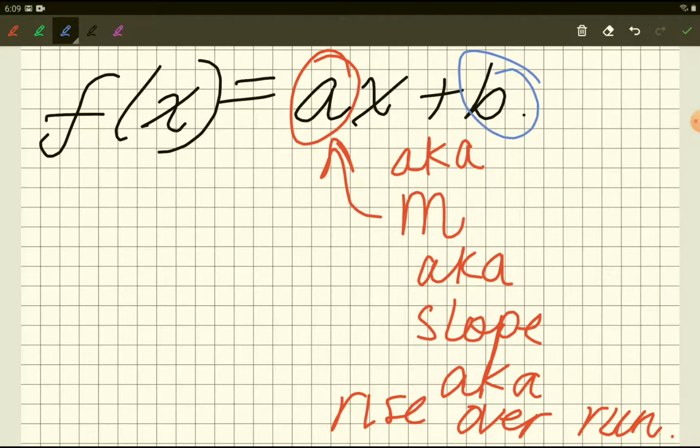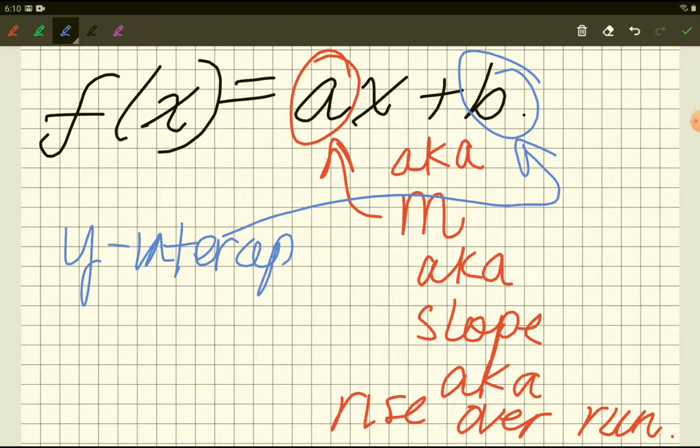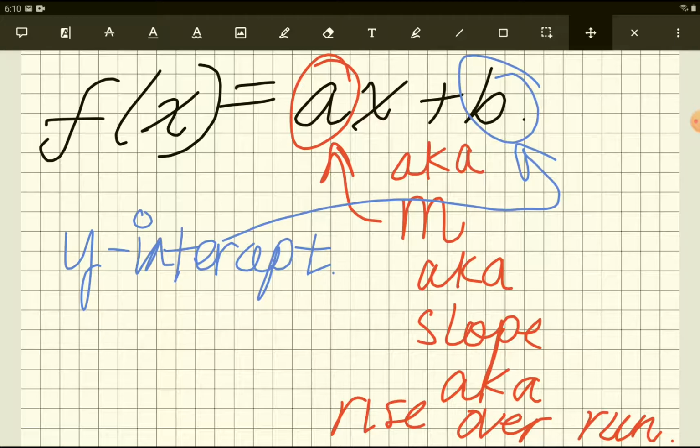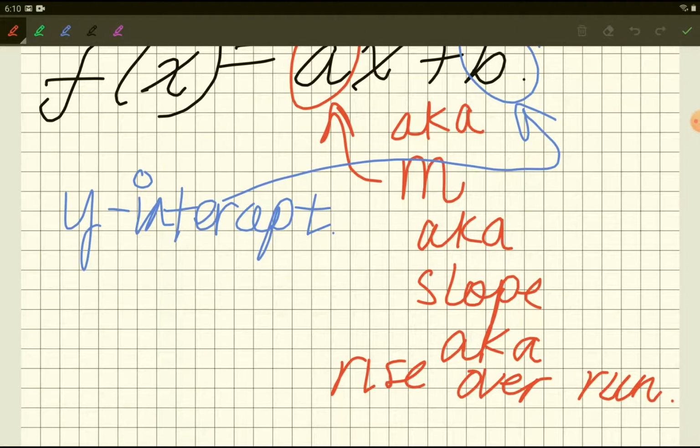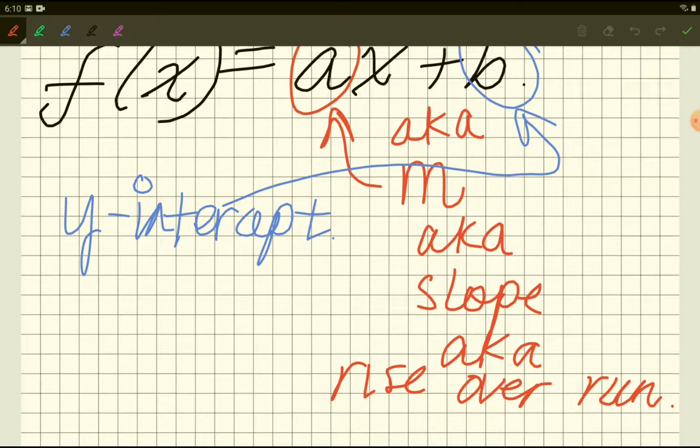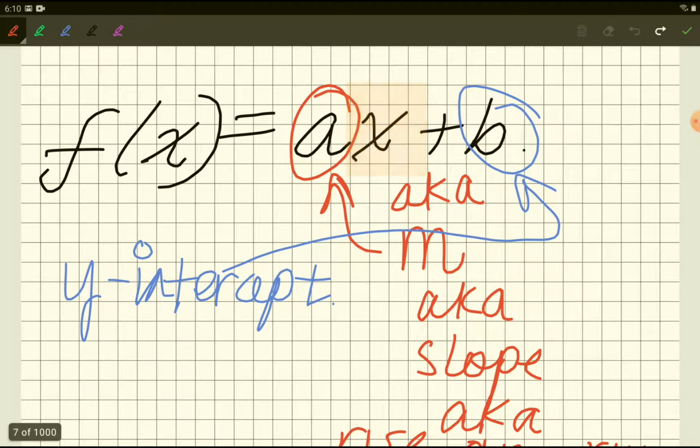And then there's the B, which everybody knows is the y-intercept. And x is just the variable. This x and this x, you don't really mess with them.